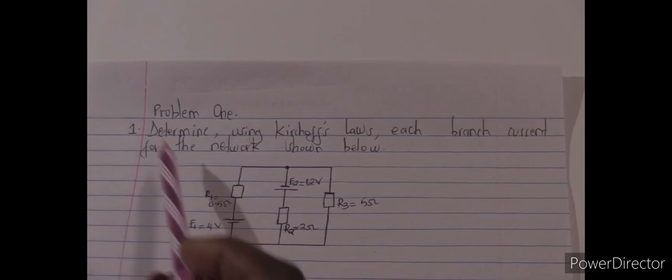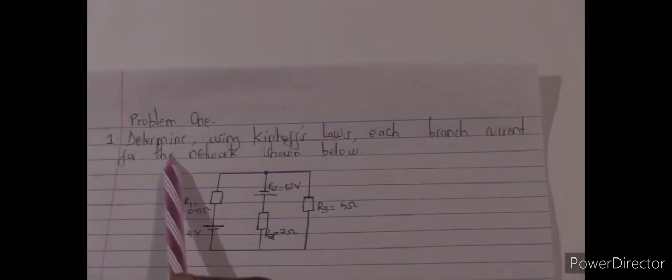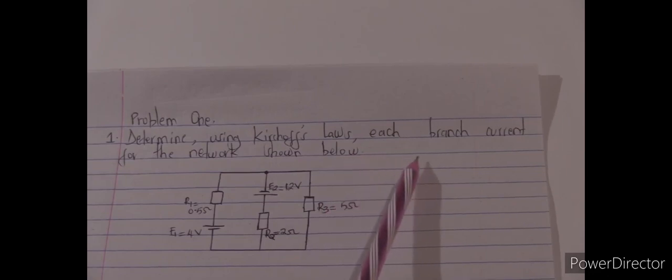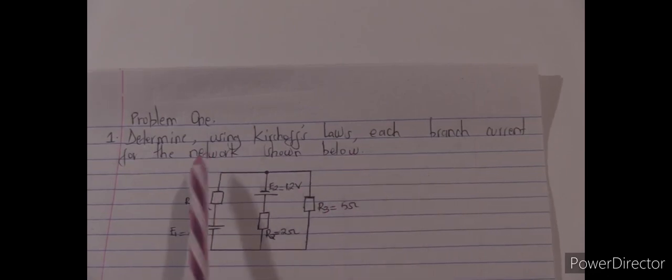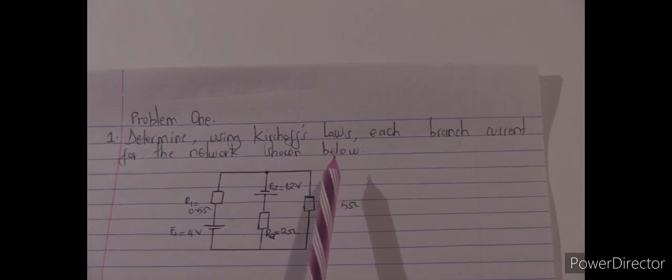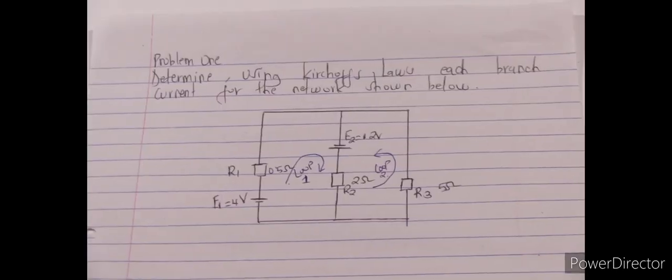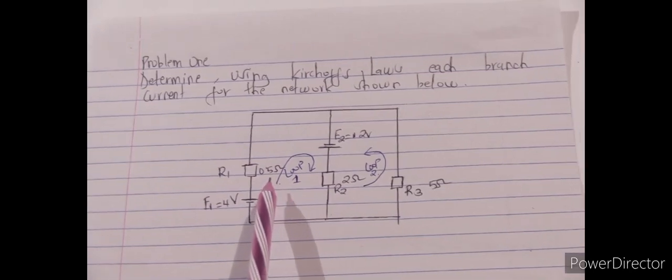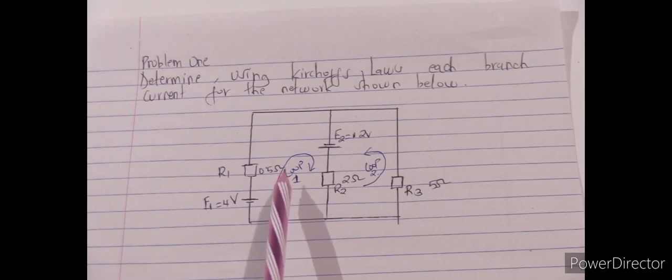So let us look at problem 1. Determine using Kirchhoff's laws each branch current for the network shown below. So the first step is to put in the direction of your loops.